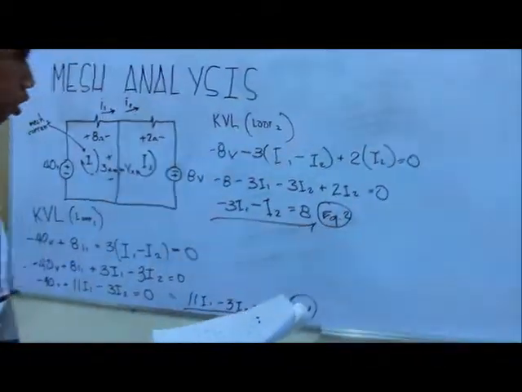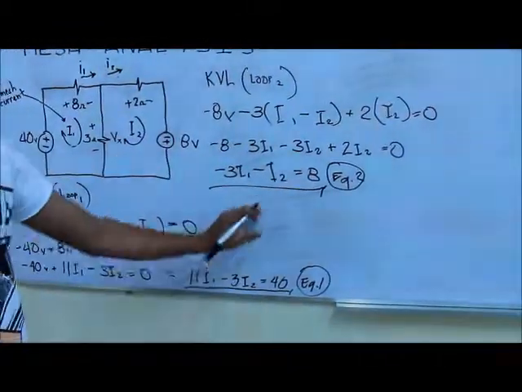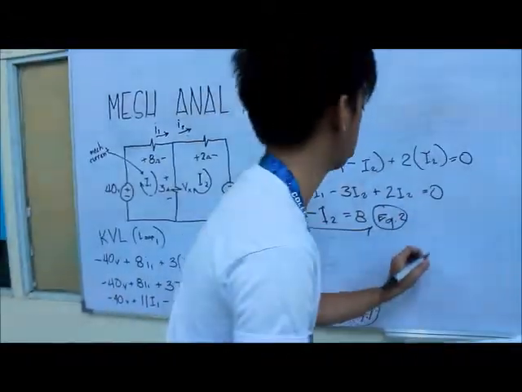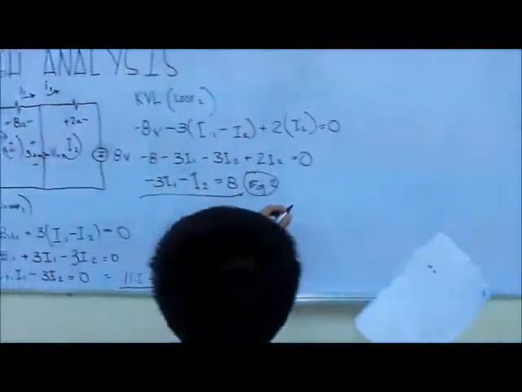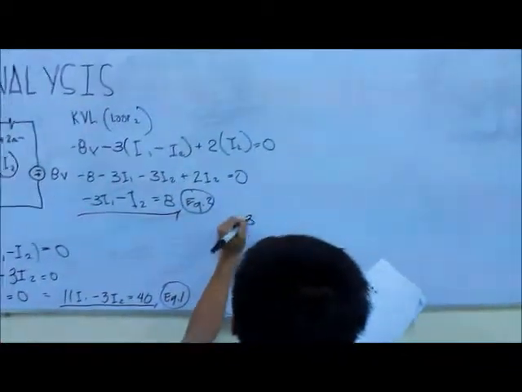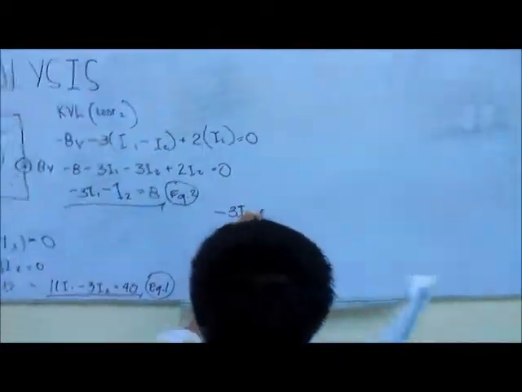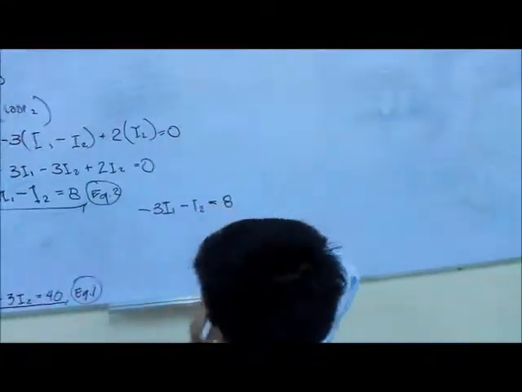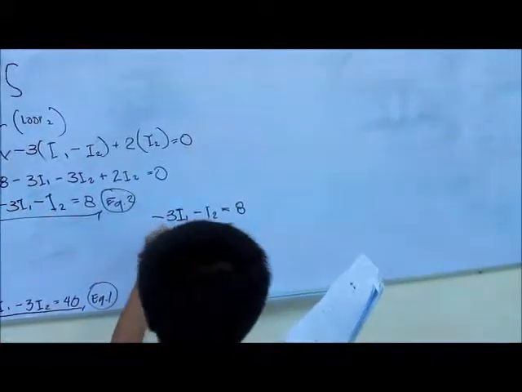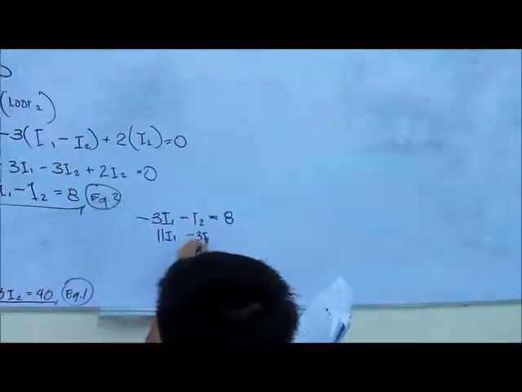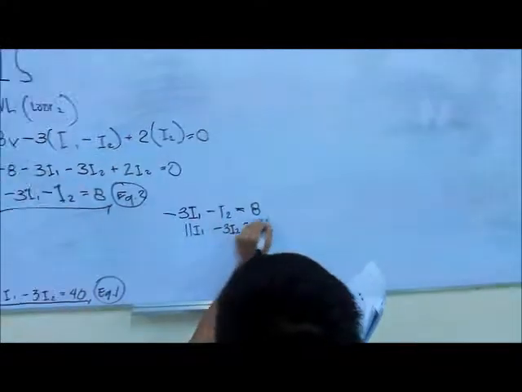So now we will find I1 and I2. First we use elimination. So I1 minus I2 equal to 8. And 11 I1 minus 3 I2 is equal to 14.